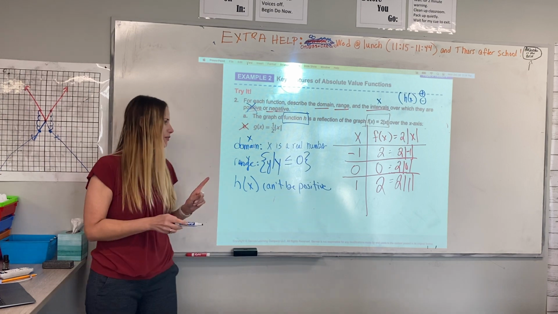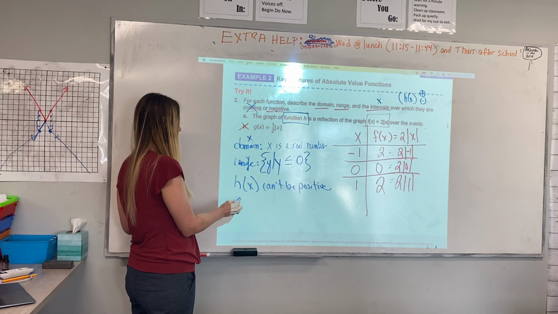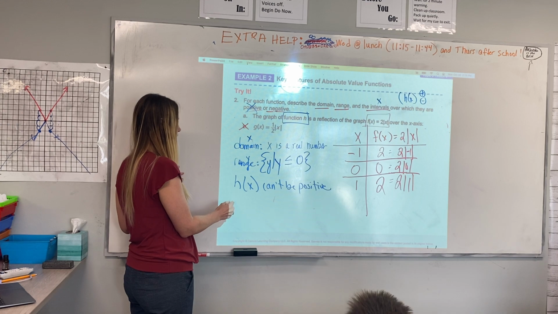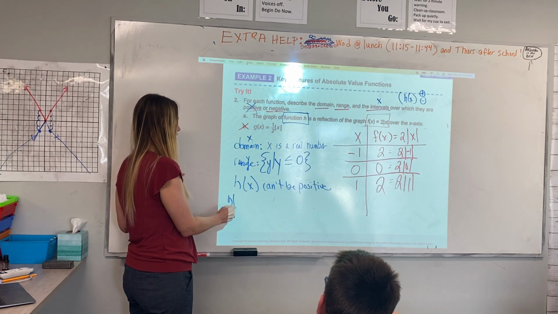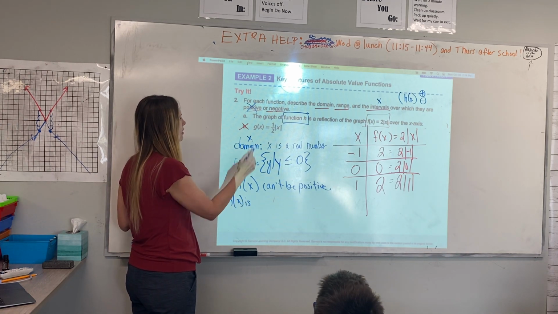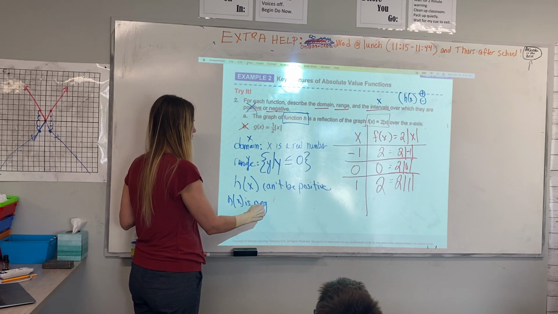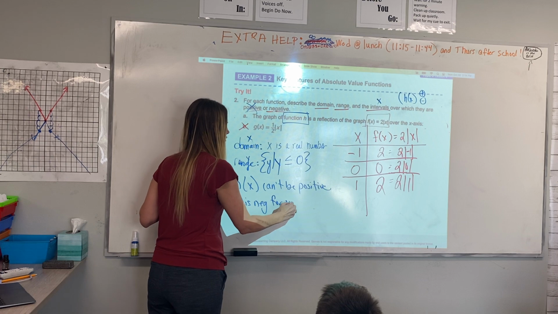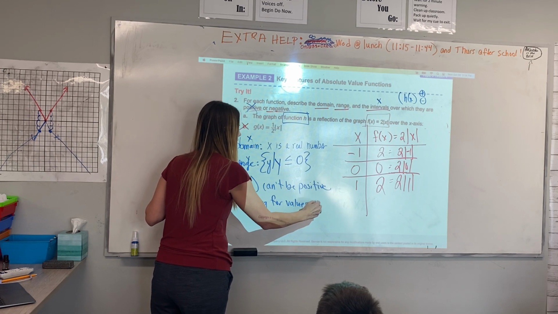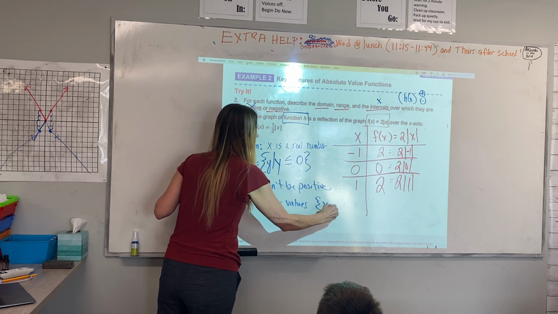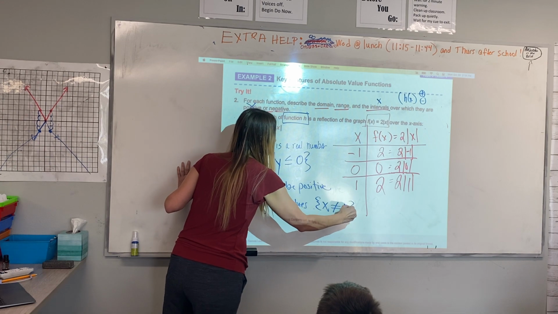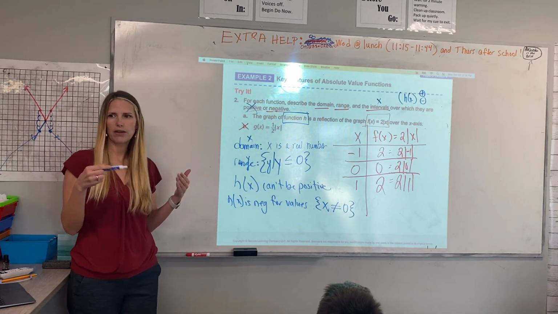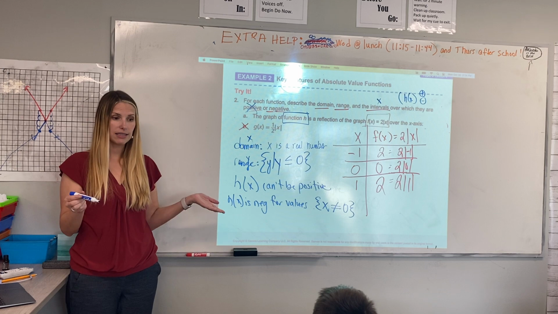Exactly. We would say that h of x is negative for all values where x doesn't equal 0, which is another way of saying except for 0.